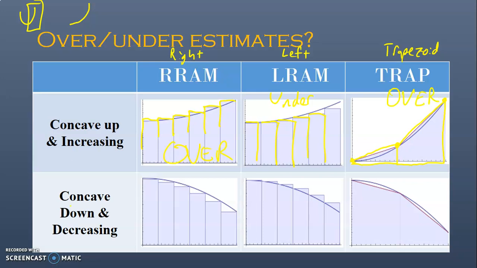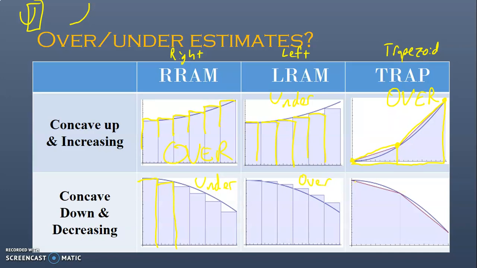Now if we look at a concave down and decreasing curve, the answers are going to be different. So for a right sum, if we're decreasing, all these rectangles are going to end up being below the actual curve, or less area. So this would be an underestimate. This one, a left sum on a decreasing curve, would be an overestimate.